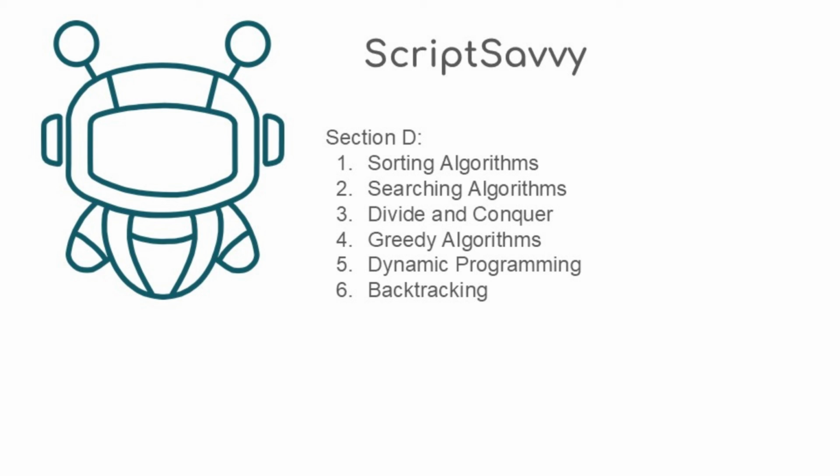Then last, divide and conquer, greedy, dynamic programming, backtracking. These are problem solving techniques that are used to solve programming related problems. Divide and conquer is a methodology which says divide a big problem into small chunks and merge the solution at the last.